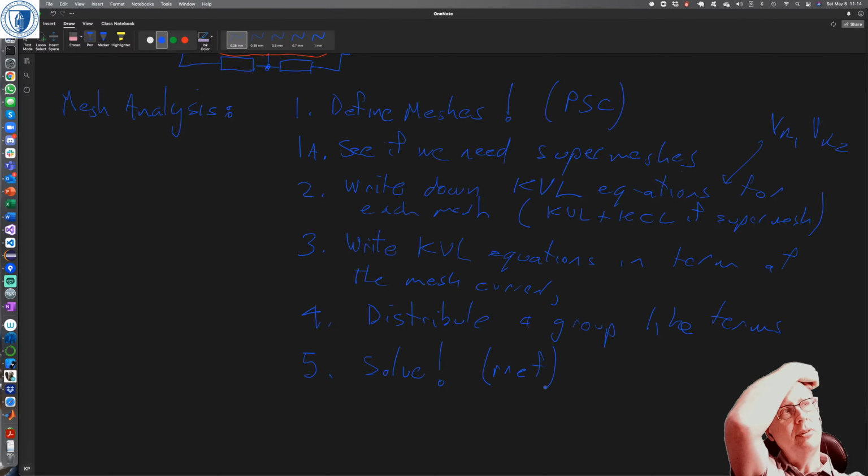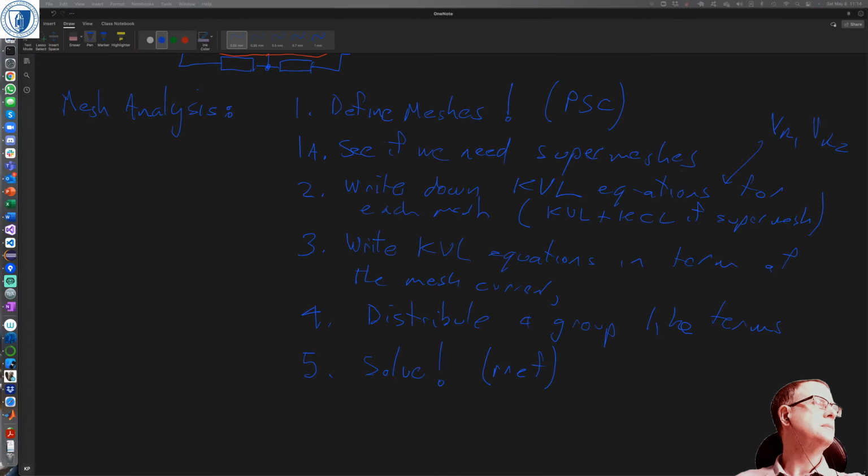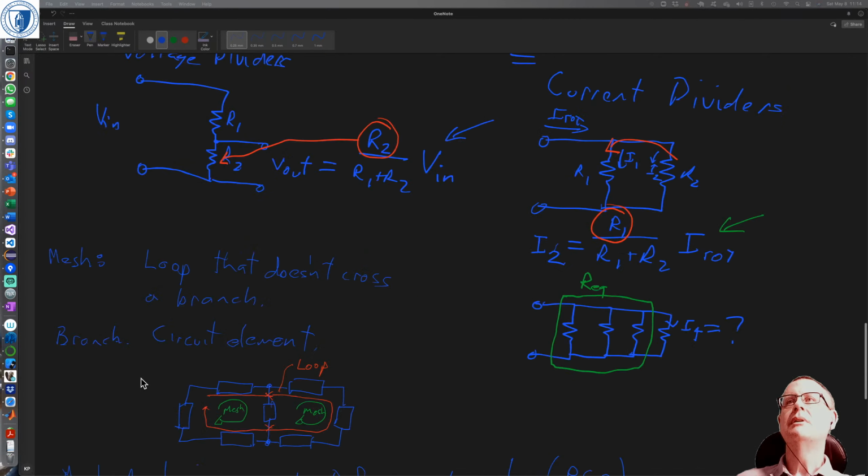You can use the other techniques, elimination, substitution. They just tend to be more error prone. Once you've got the equations down, putting it into RREF and getting the right answer is usually more likely than continuing with solving the circuits manually. Okay, that's mesh analysis.